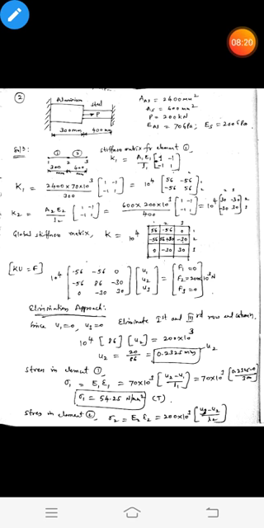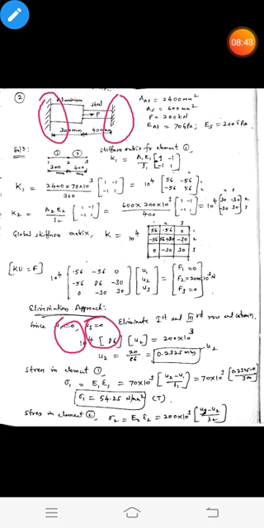Now there are three methods or approaches available in FEM to handle the boundary conditions. The boundary condition for this problem is, at node 1 the displacement is 0, hence U1 is 0. At node 3 the displacement is 0, hence U3 is 0, because both the nodes are provided with supports.